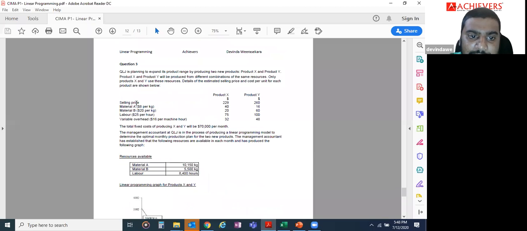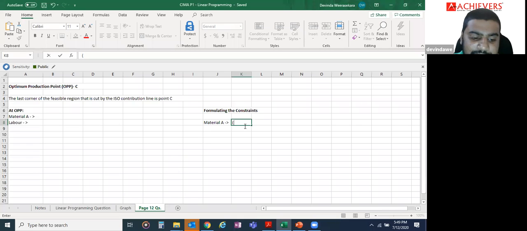One unit of product X incurs $40 of material A cost, and 1 kilo of material A is $8, right? So if 1 kilo is $8, how many kilos do we have to use in order for the material cost to be 40? Basically we have used 5 kilos, right?